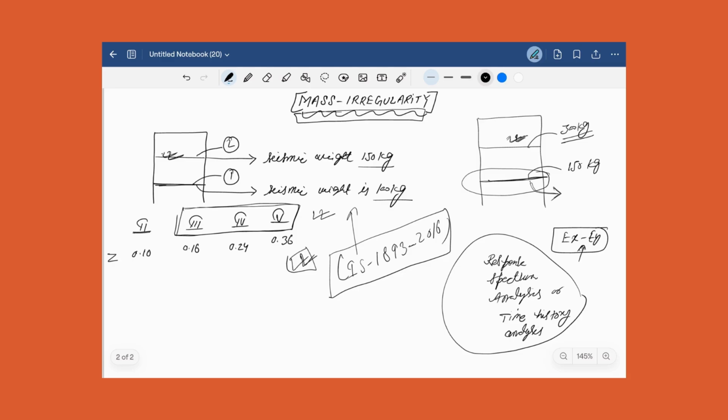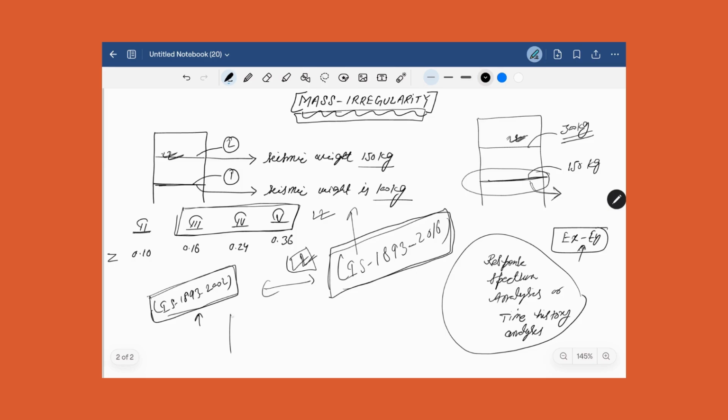But the previous code, IS 1893 2002, says that if the seismic weight of any story is more than 200% compared to the story below, then it is a mass irregularity. See the difference between the two codes: the new code says only 150%, but the previous code says 200%.